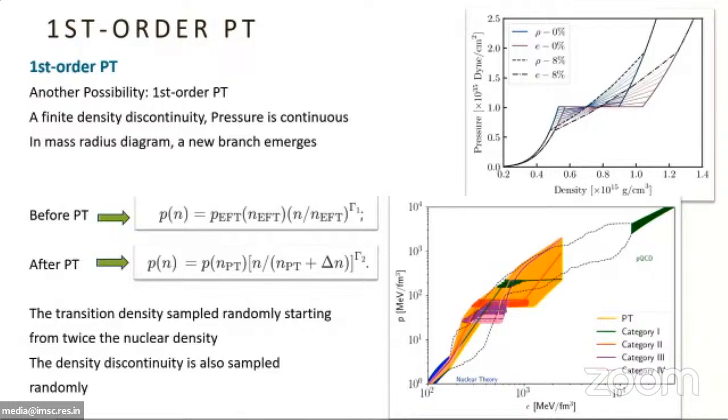If I have this type of equation of state, then my mass-radius diagram is completely different from this one. This outline is the ensemble of all the smooth equations of state that we have. However, if we have a first order phase transition, you can see this ensemble changes, and we have constructed this.